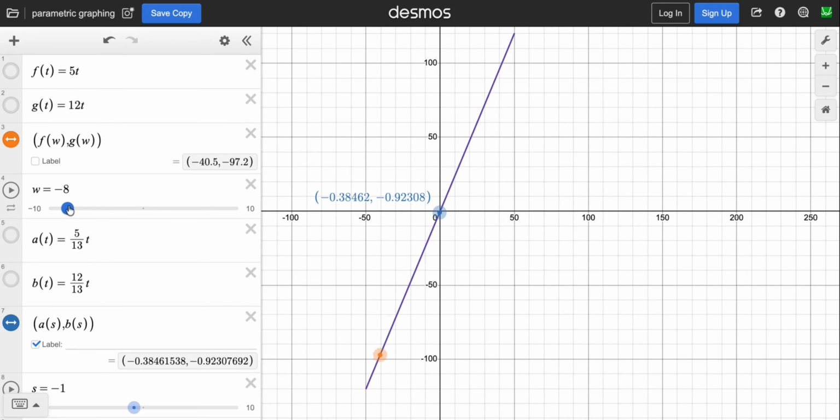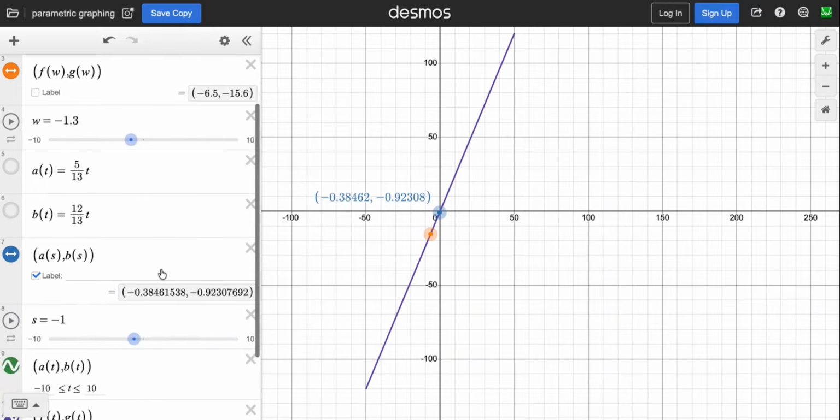And notice how as I change w, the particle is very fast, right? So if I express the position in terms of time, the rate of change of the position of this particle is going to be extremely quick.